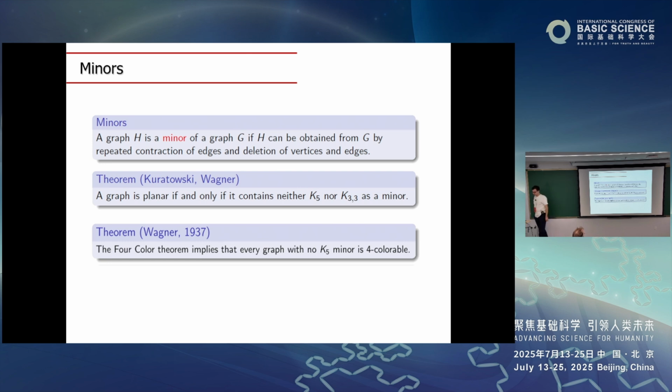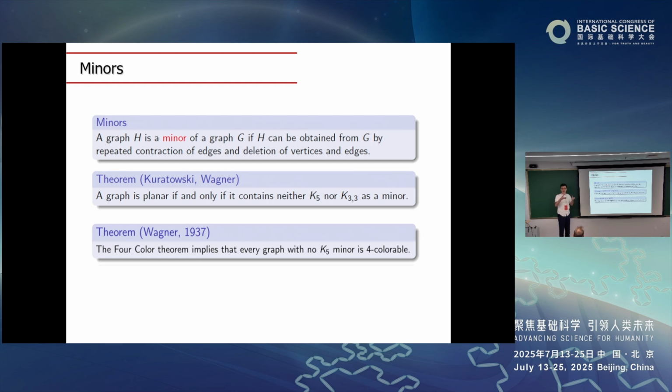There is a structure theorem which says what happens if you only exclude K5. So Wagner's theorem implies, in fact is equivalent to, the fact that if a graph has no K5 minor, then it is four-colorable. And one clearly cannot do better.